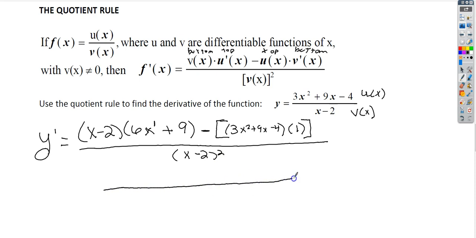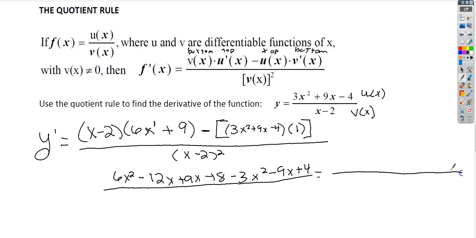So let's clean the top up. This is going to become 6x squared minus 12x plus 9x minus 18. This is all just 1, so minus 3x squared minus 9x plus 4.